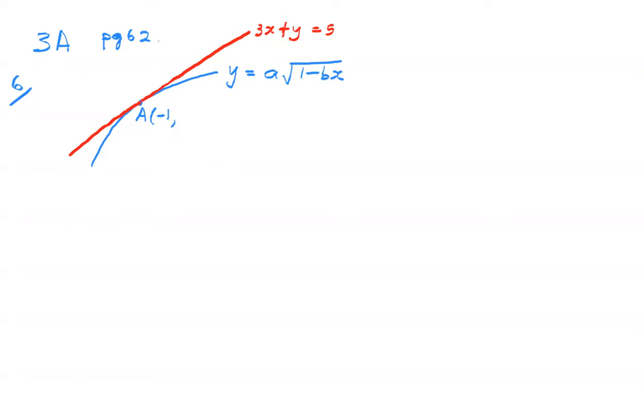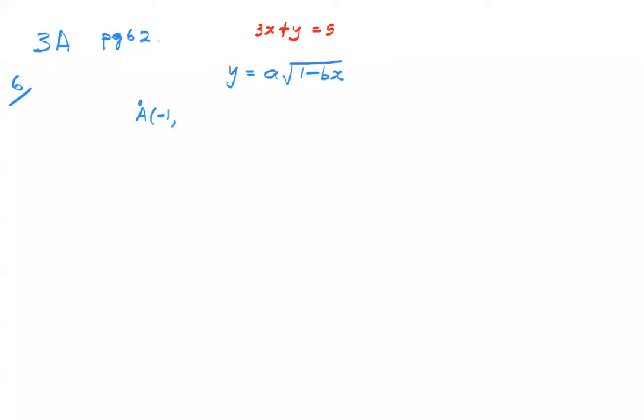Coordinate y, how to do it? Are you clear? Because point A lies on the tangent. You see? Point A lies on the tangent.